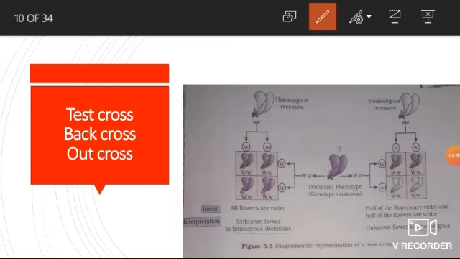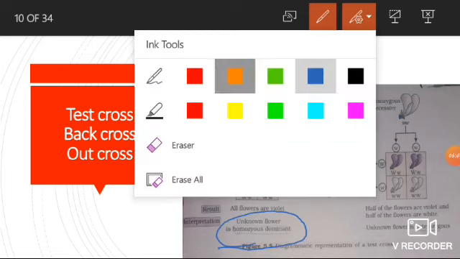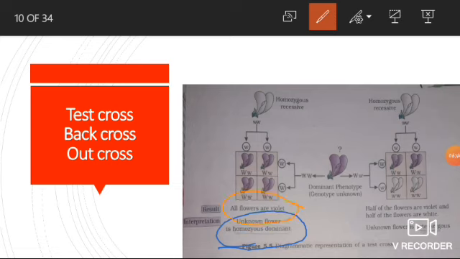The offspring will be 100% dominant if the individual was homozygous dominant. If the individual was homozygous dominant, then all the flowers are of dominant color. That means 100% are dominant. As we see in this diagram, all flowers are violet when the flower is homozygous dominant.